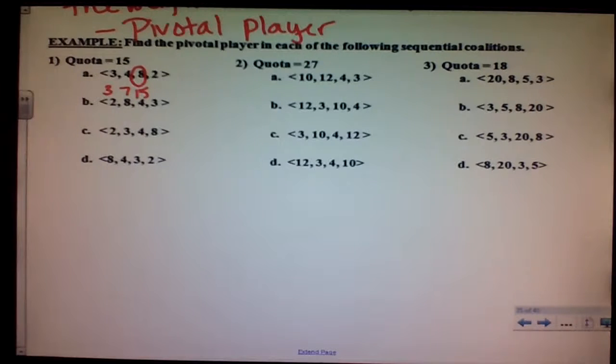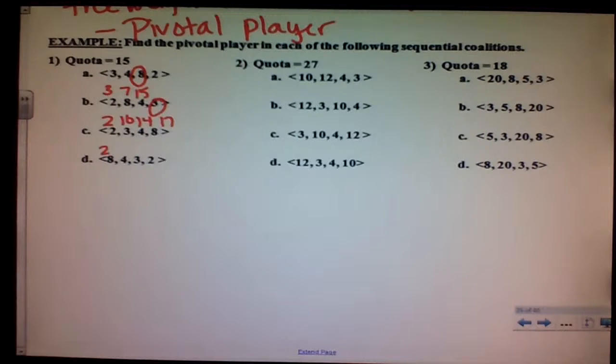Okay. So some things to keep in mind. There is only ever one pivotal player in a sequential coalition. When you are doing critical players, there can be more than one. There's only one pivotal. So this one goes 2, 10, 14, 17. Now we're at pivotal. 3 is your pivotal. Let's do all of them.